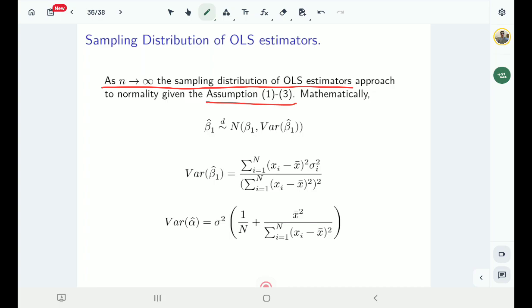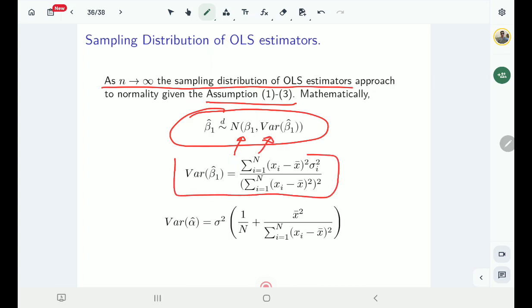If those hold, then you have beta 1 hat asymptotically normally distributed with mean equal to beta 1 and with variance equal to the variance of beta 1 hat. And the formula for this is this. Okay, so I'll not talk too much about these things at this point, and also I did not include the simulations about sampling distributions. Probably we'll talk about them later on.